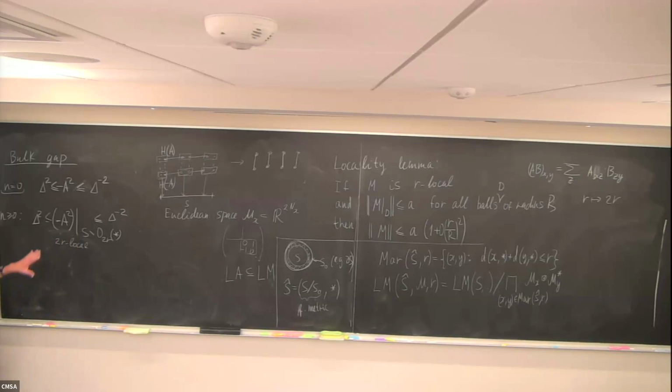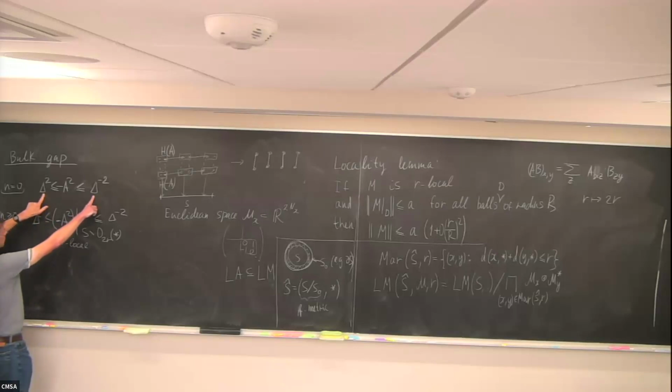Okay. This is the definition of a bulk gap, which is local. We can amplify the bulk gap, actually. We can move these two numbers arbitrarily close to each other. In principle, delta can be made arbitrarily close to 1.